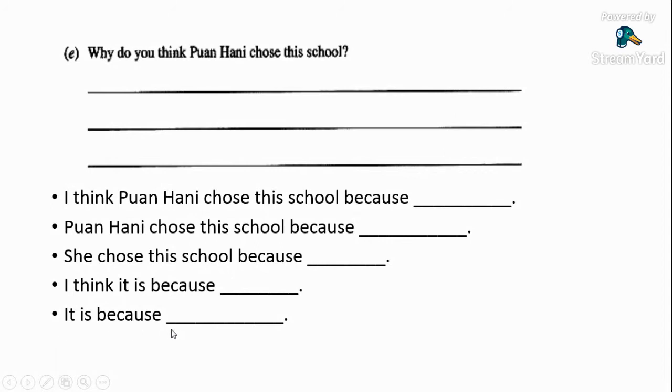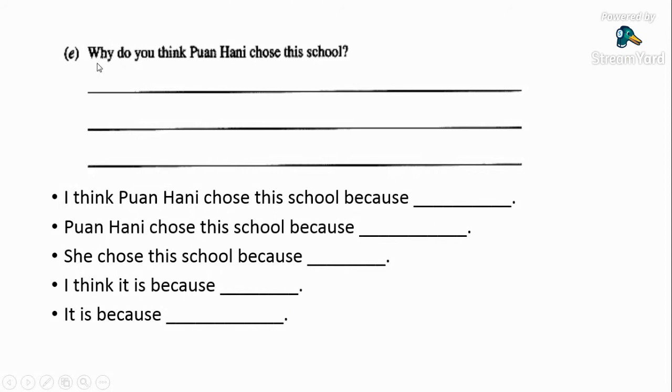Ana it is because வந்து கொஞ்சம் risky. ஏன்னா sometimes அந்த sentence pattern வந்து நீங்க பார்க்கணும். But it is also acceptable. So just be careful lah what you choose. So any of these answers can be chosen. But you have to put your own reason lah as to why she chose this school.